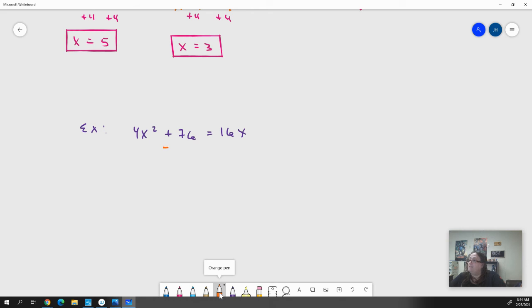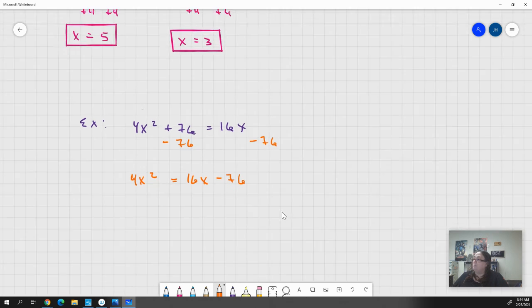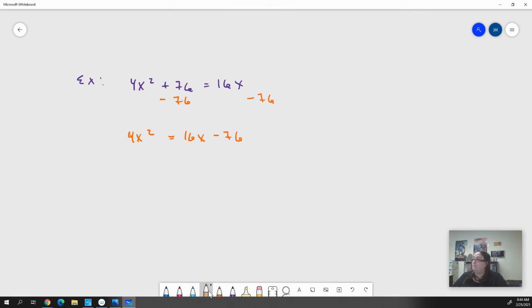And I'm going to start by subtracting 76 from both sides, which would give me 4x squared equals 16x minus 76. And then I'm just going to subtract 16x from both sides to move that over. So minus 16x minus 16x.